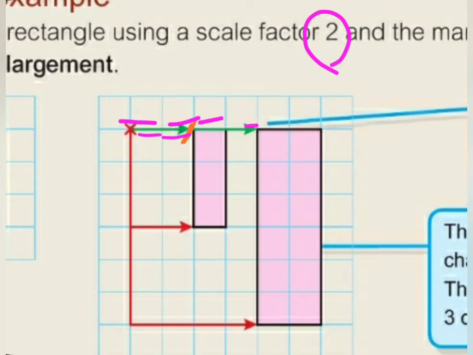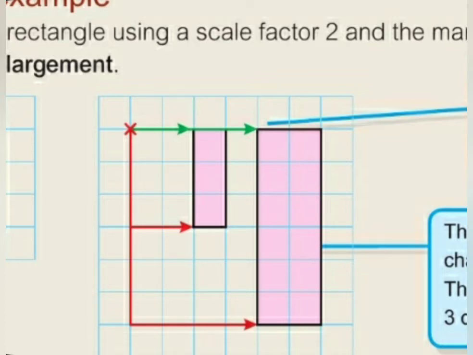So you keep counting at the same side. This is the meaning of having a positive scale factor. So a positive scale factor means the shape and the image at the same side. When you connect the center of enlargement with one point of the shape, you continue in the same direction.